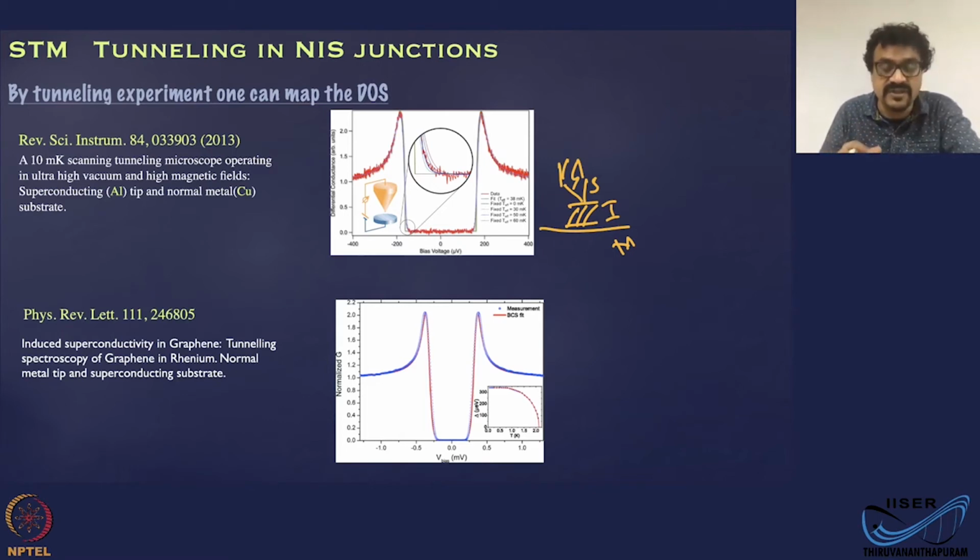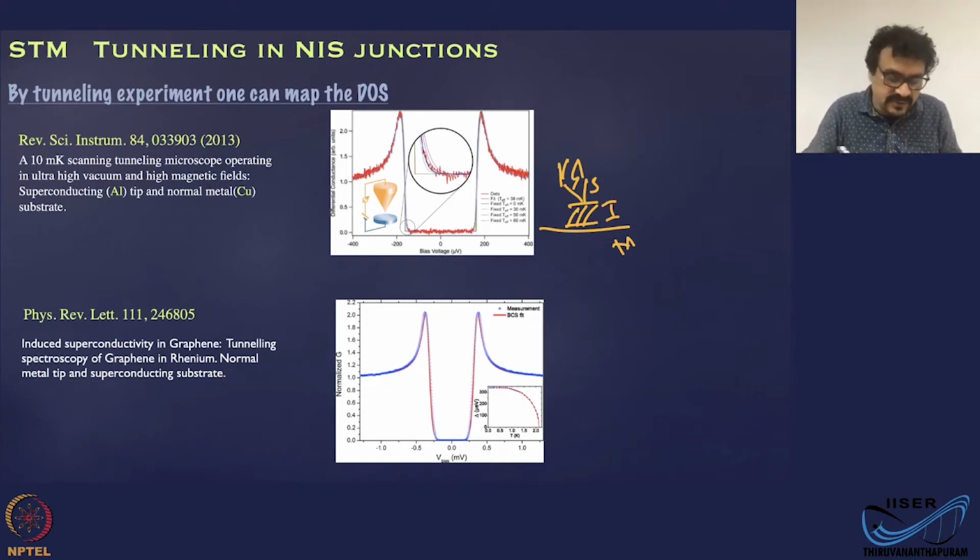That's a phenomenon we are not going to cover in this lecture, but you can induce superconductivity in a non-superconducting material by keeping it in proximity with a superconducting material. So you can have Cooper pairs inside the non-superconducting material to a certain distance. In this case, we have graphene, rhenium, and a normal metal tip.